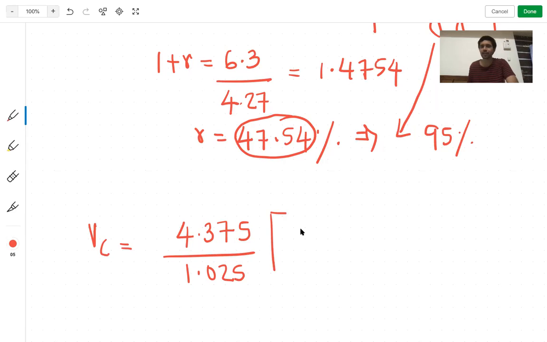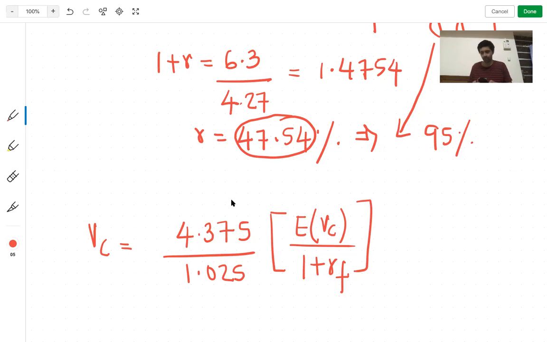I said that the value of the call option today should be the expected value of the call divided by 1 plus the risk-free discount rate. 4.375 was the expected value of the call option, which was nothing but 7 into 0.625, divided by the risk-free rate of return. Here we use the risk-free rate of return because a risk-neutral investor wants a risk-free rate of return from both the option and the share.